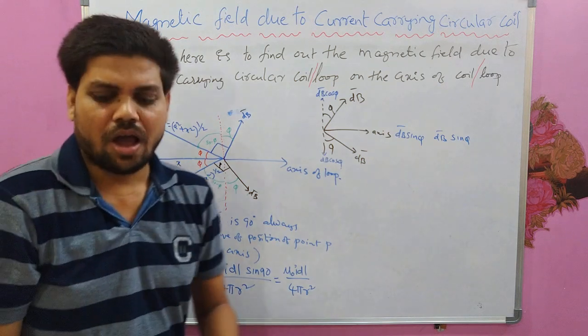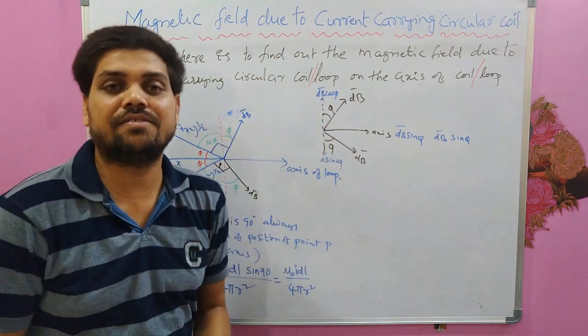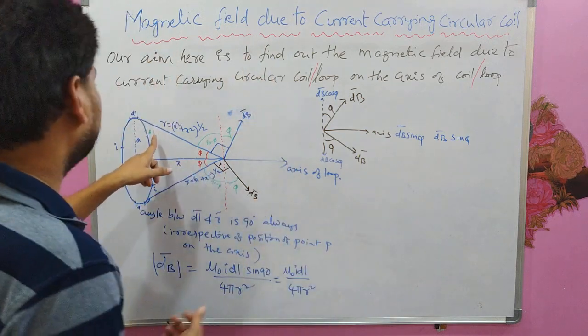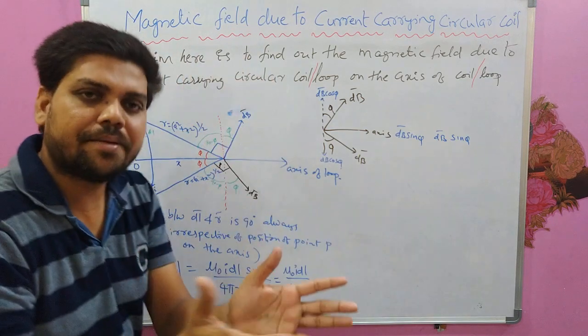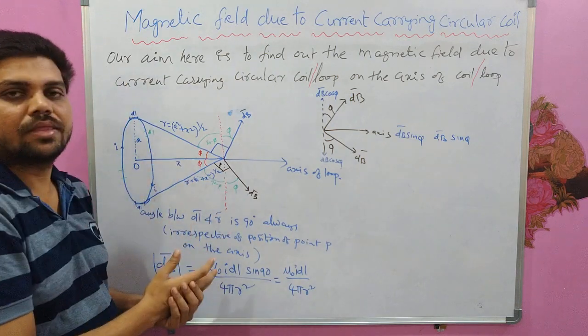In this way, all the dB cos phi components will cancel with each other due to the length elements we have considered on the circular coil, because they are opposite to each other.